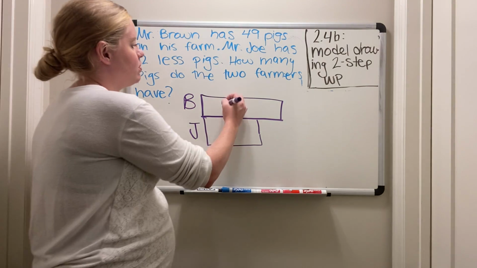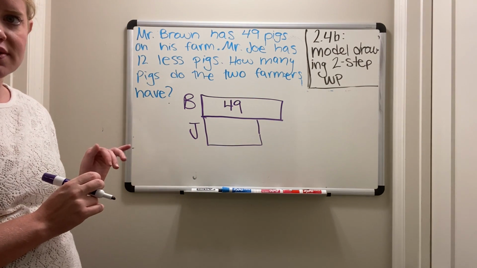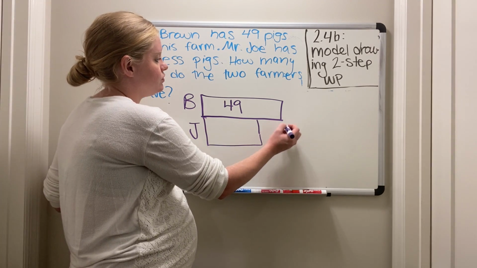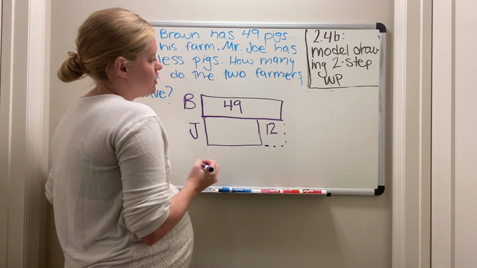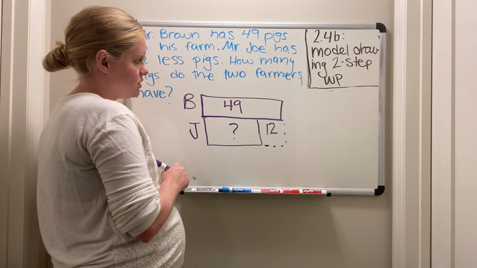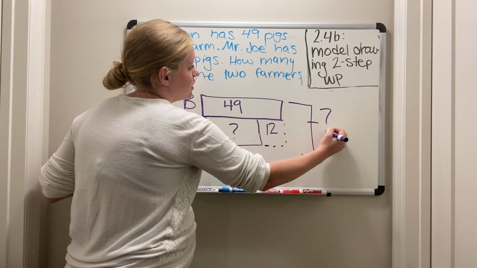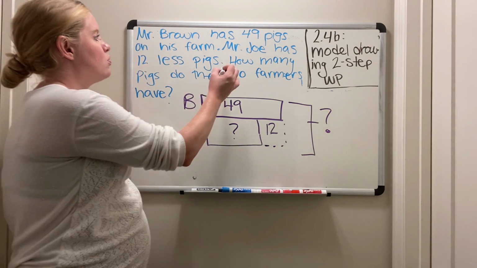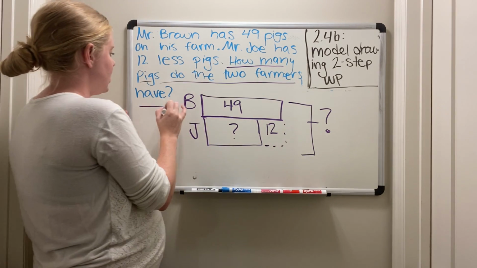Mr. Brown has 49 pigs. Do we know how many Mr. Joe has? No, but we do know that he has 12 less than Mr. Brown. So that's our first question mark. First, we need to find out how many pigs Mr. Joe has. And then our big question mark is over here. Okay, that's what we really want to know. We really want to know how many pigs do the two farmers have.